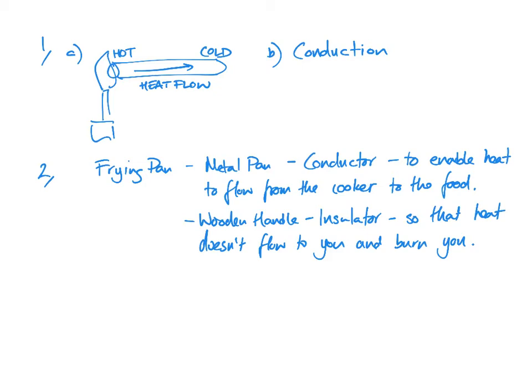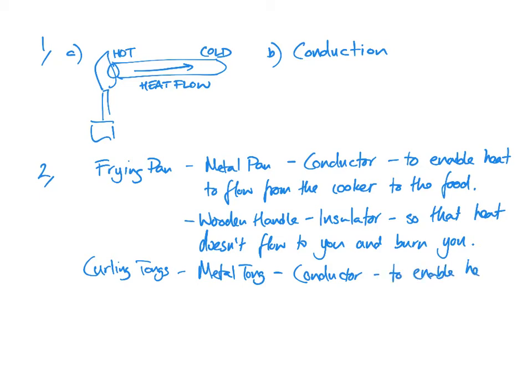We get a similar sort of idea with the curling tongs. The metal tong is a conductor, and very similar answer, to enable heat to flow.